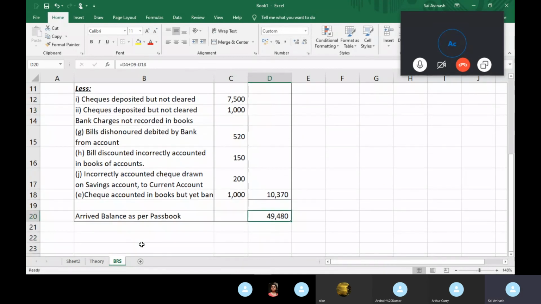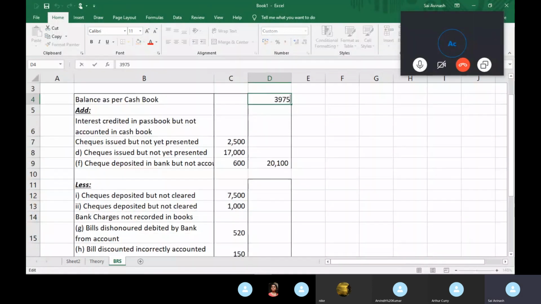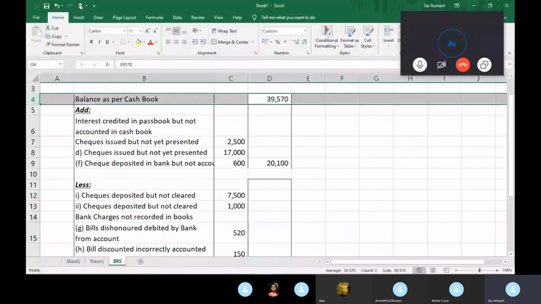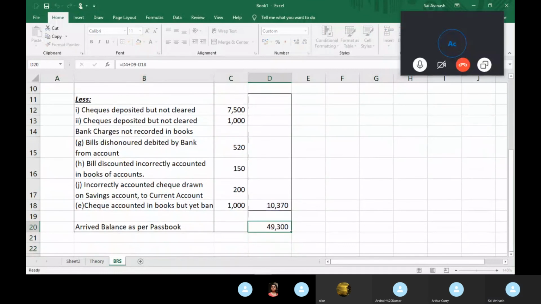So the balance as per passbook is 49,480, except a small piece of information that we may have missed. Oh, okay. Silly mistake here. The balance is 39,570. I've mentioned it as 39,750. So the balance is 49,300.